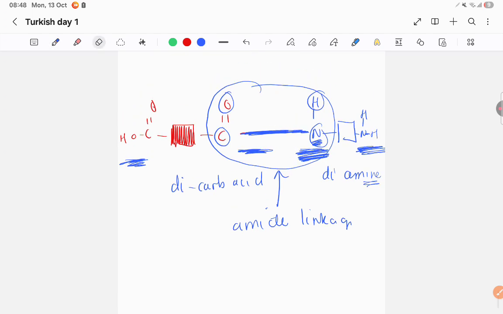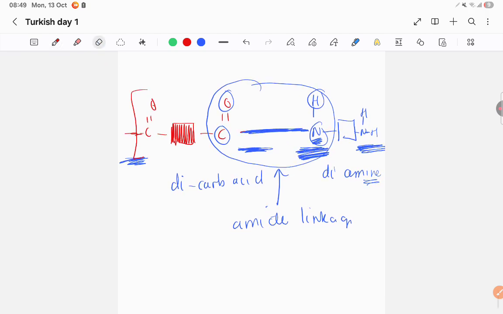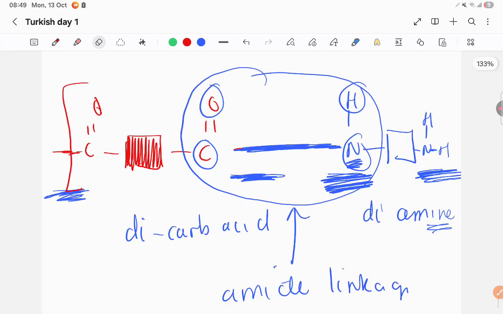And of course, you need to show how it continues. Where would I break this to continue it? I break from the acid side. I break the OH, of course, not hard. Close the bracket, and from the amine side, I break the H. Break the H, and then close the bracket.